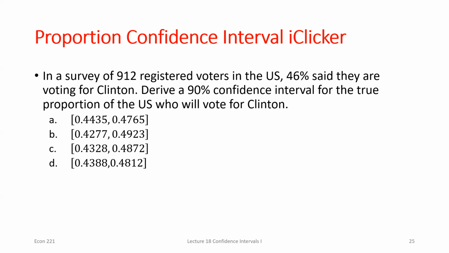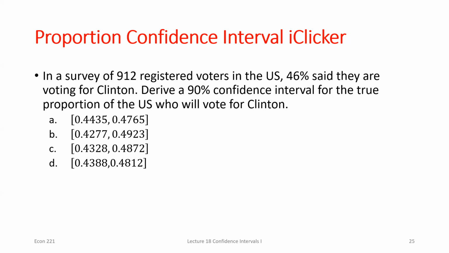The only thing left I need to do is figure out what this z-value is, that would give me a total of 0.1 in the tails. Well, I've got two tails, so there's half of alpha in each tail, or an area of 0.05. I'll look that area of 0.05 up on my table, find the corresponding z-value.